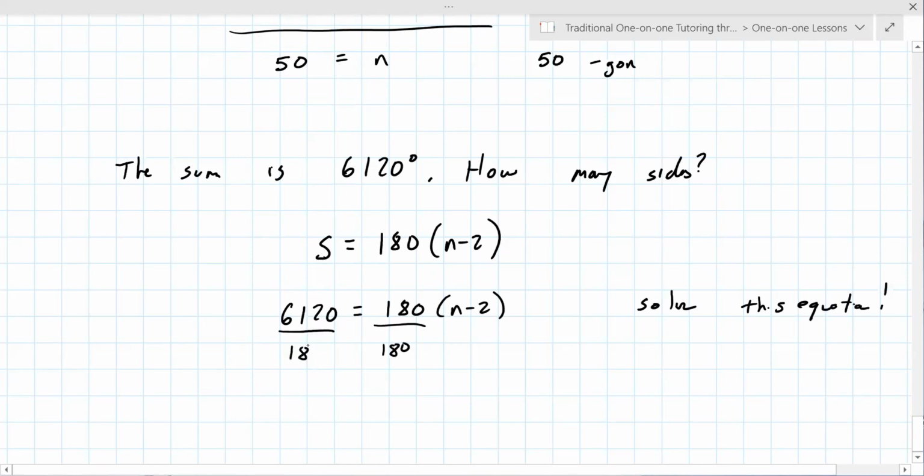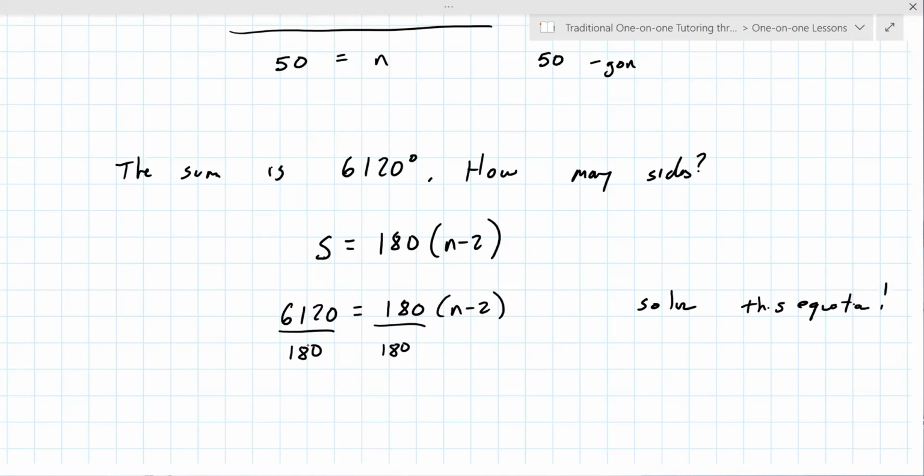You want to divide by 180. So what is 6,120 divided by 180? 340.